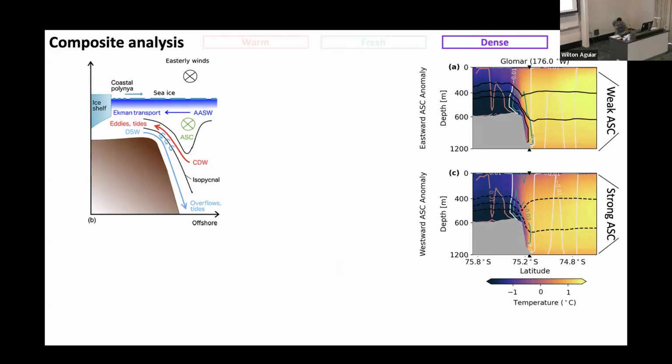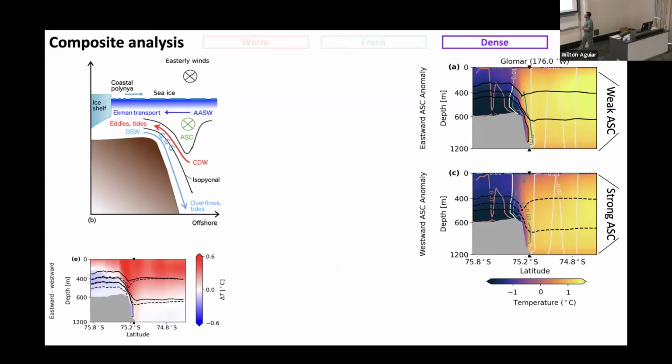I don't know how it is there, but here in the room, at least in the slides, it's not that easy to see, but it gets a little easier if we see the composite here. What we see here is the top of the circumpolar deep water, the middle of the circumpolar deep water, and the bottom of the circumpolar deep water in each one of these cases.